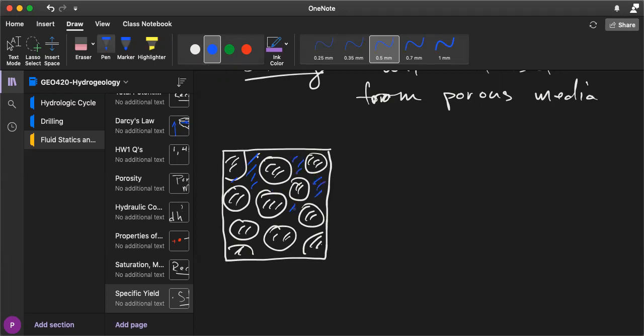If all the voids are filled with water, what is the volumetric water content? Equal to porosity. So S is equal to 1. Theta sub W is equal to n.